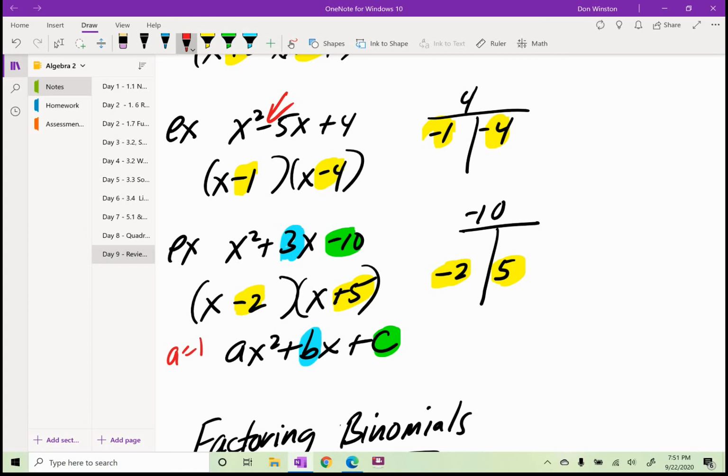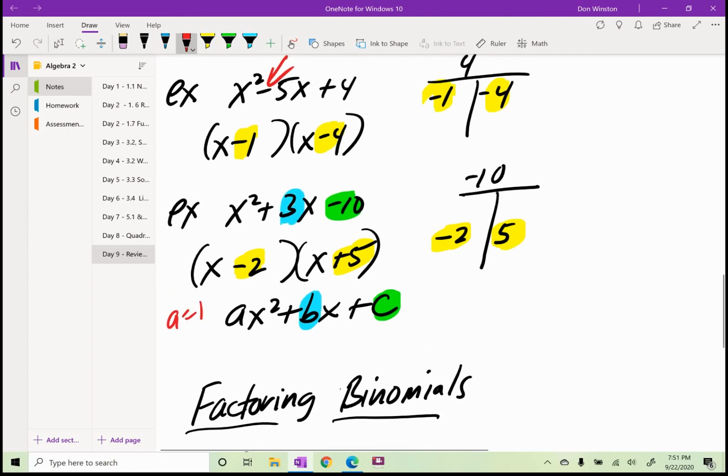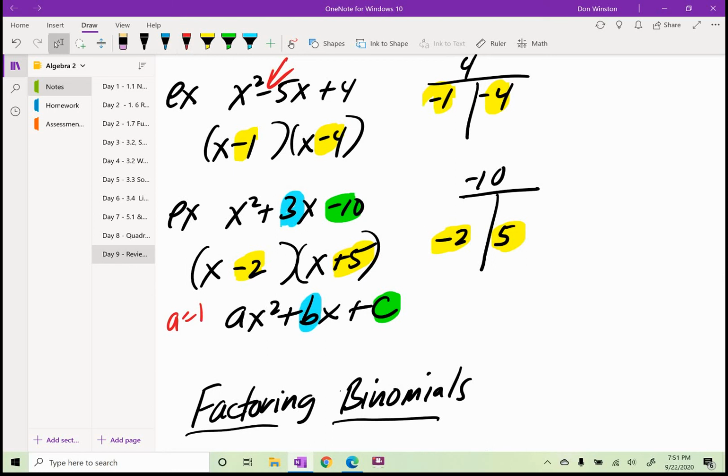When A is not equal to 1, then you have to find factors of the A and C terms that add up to the B term. A little more difficult. So that's a quick review of factoring easy trinomials when A is equal to 1. We'll do a little more difficult ones tomorrow.